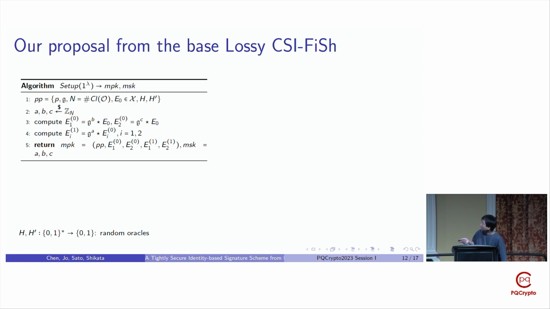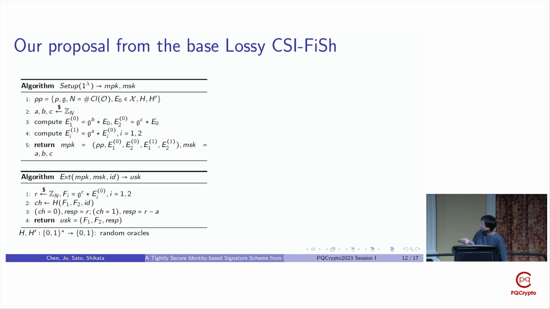The setup algorithm is the same as the key generation of base lossy CSI-FiSh, which means we choose random B and C to generate E10, E20, and then choose random A to generate E11, E21, then set them as master public key and master secret key.